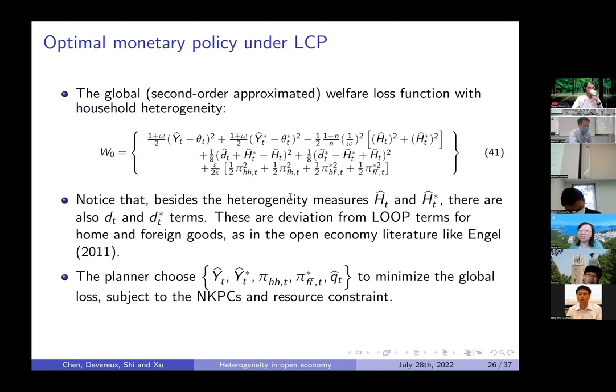And in that case, even in the LCP, the central bank does not need to focus on the foreign prices. They can just target their own PPI, and that is the optimal monetary policy. In this paper, we also look at that case, and the same logic applies.